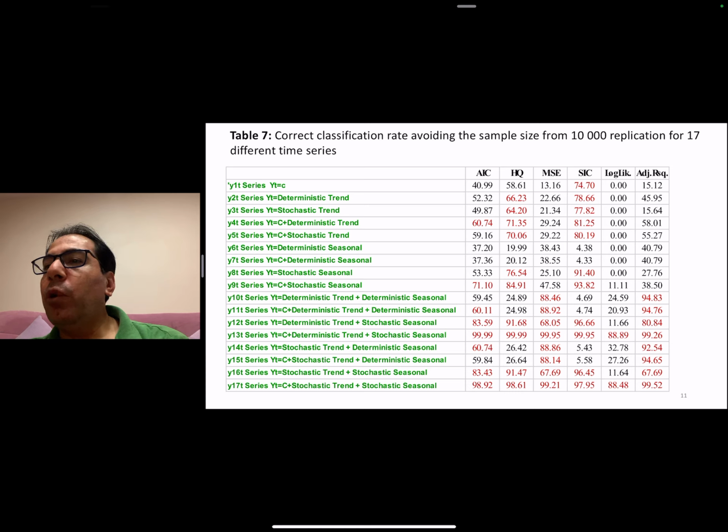For the first model, the Schwarz information criterion is the best, and for the second, Hannan and Quinn both compete. And if you go down to the last model, in general they are mostly successful, on average, of course.